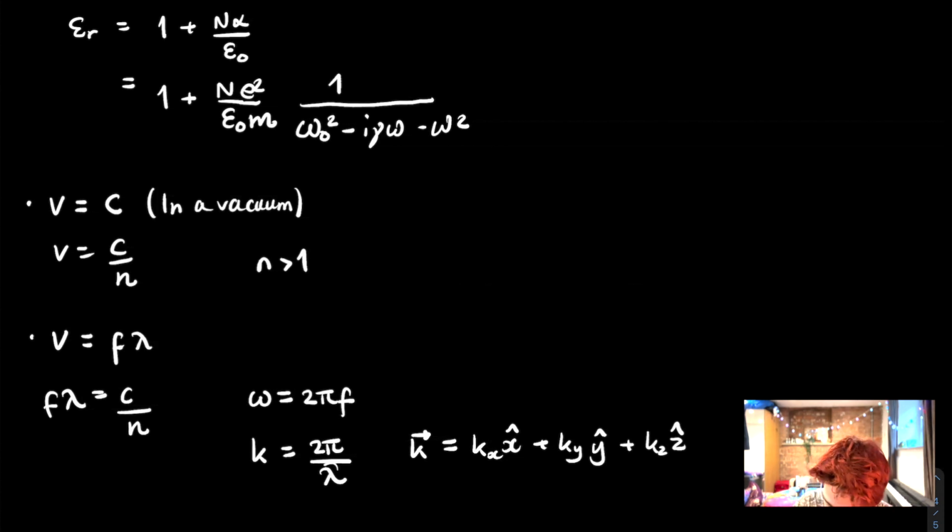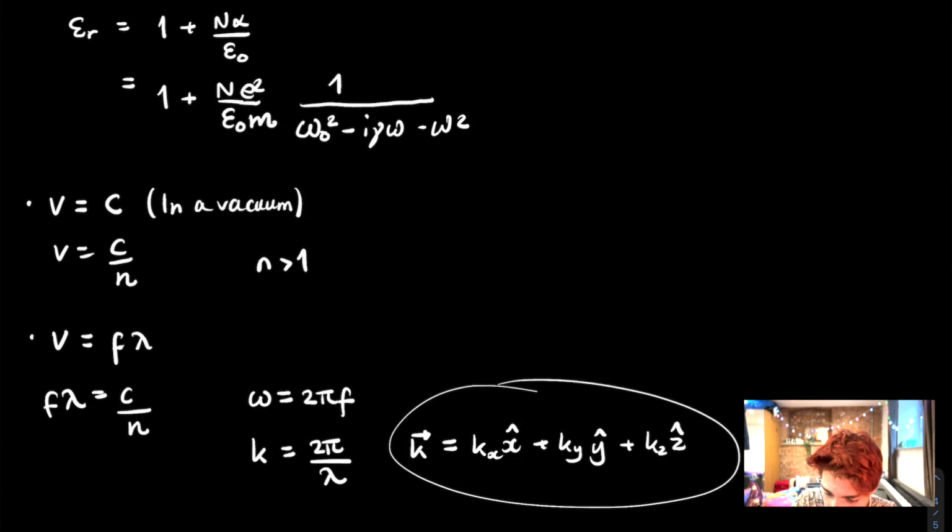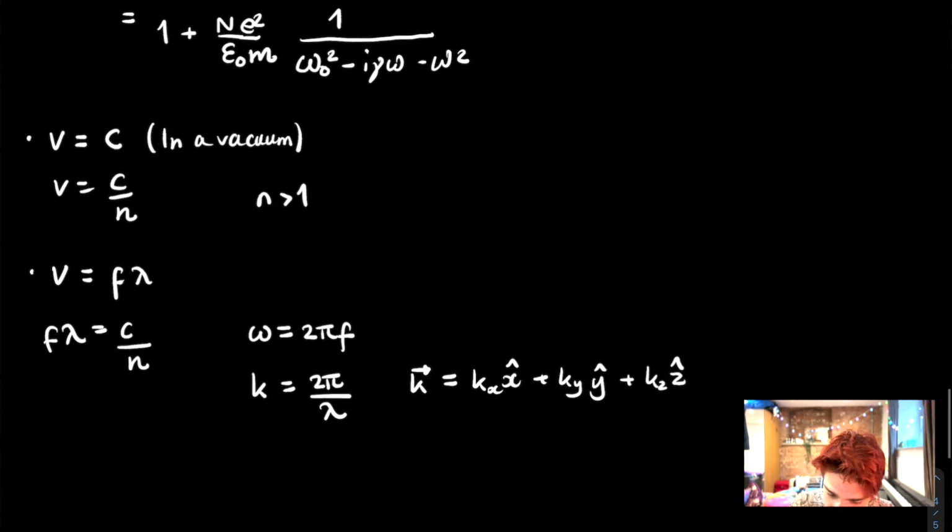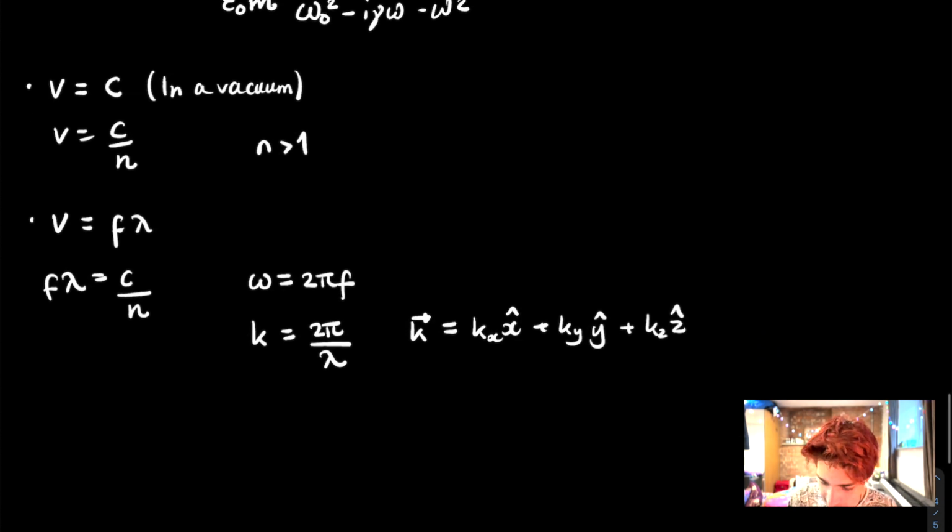But of course, lambda is just going to be the same because it's a scalar quantity. However, the actual k wave vector is going to be telling us what direction the wave is propagating in as well. So this could be for any kind of wave, but for now what we're going to do is assume that the wave is propagating in the x direction. So that means that ky and kz are equal to 0.